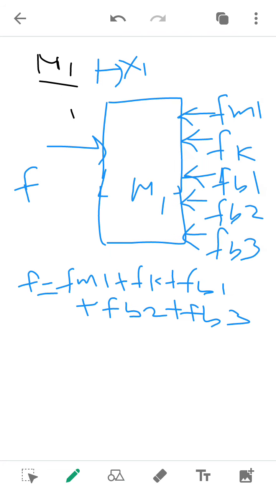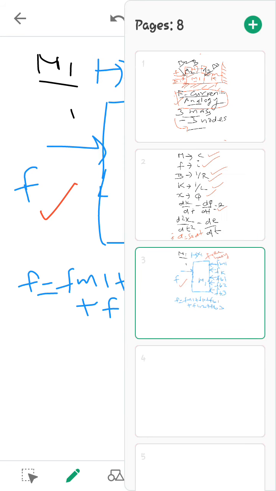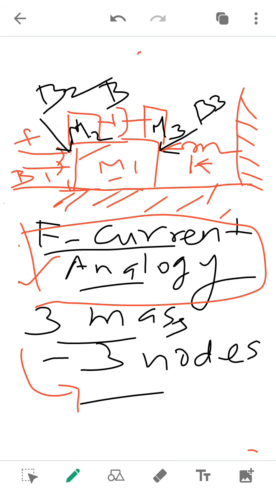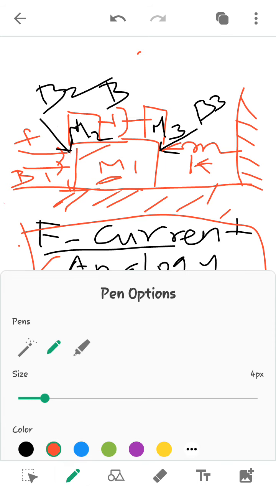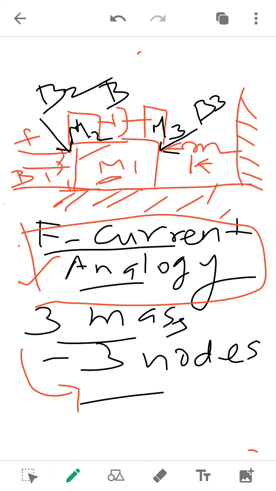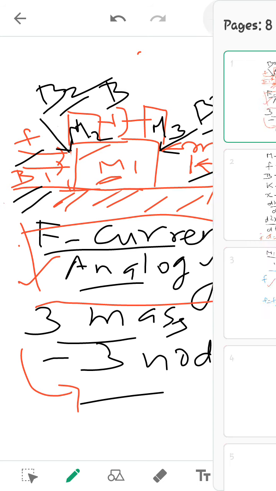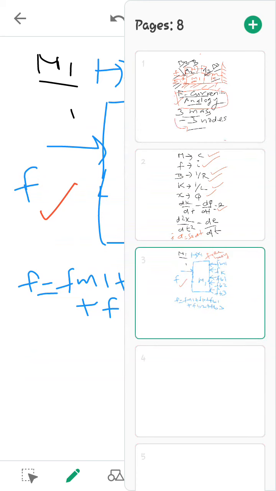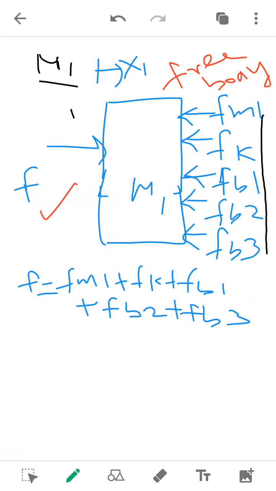All these things we have to substitute in place of the differential equations that you got for the three mass elements. So this is the free body diagram, as usual, we have drawn for the first mass element. As we refer to the circuit diagram, this is your first mass element, and this is associated with the force applied, B1, B2, B3 and K. So these are the opposing force elements that I have indicated on this side.